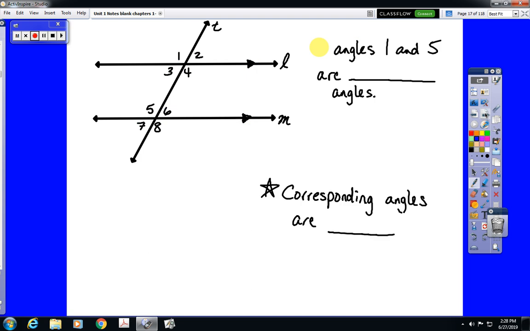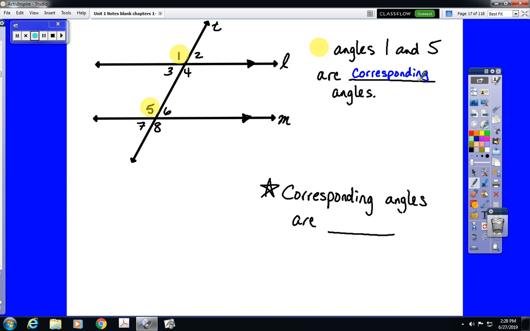So first of all, if we mark angles 1 and 5, those angles are known as corresponding angles. Notice that they have the same orientation at different points of intersection. They are both on the upper left of their point of intersection.